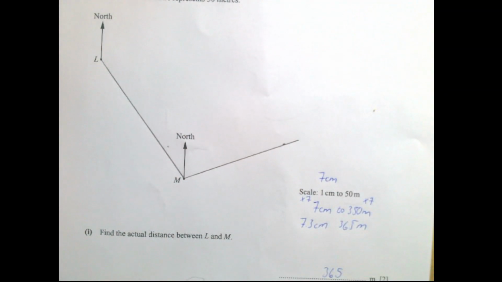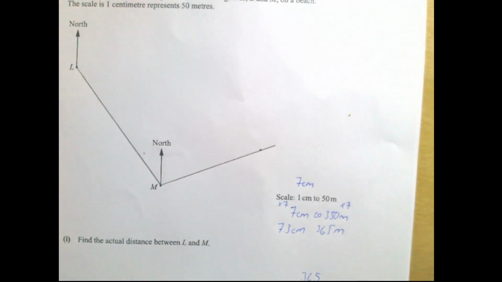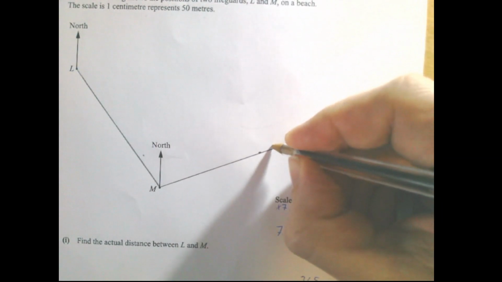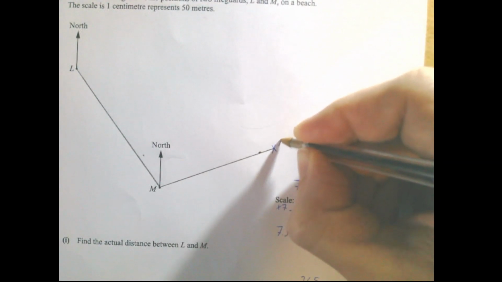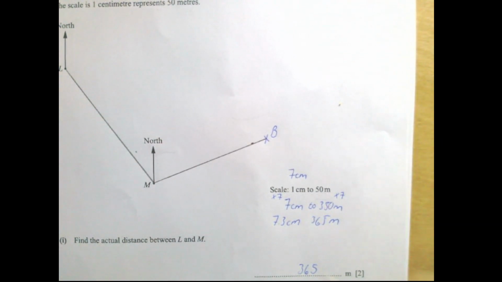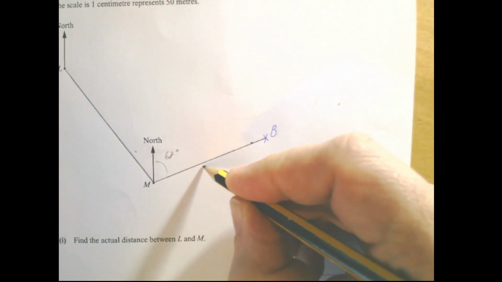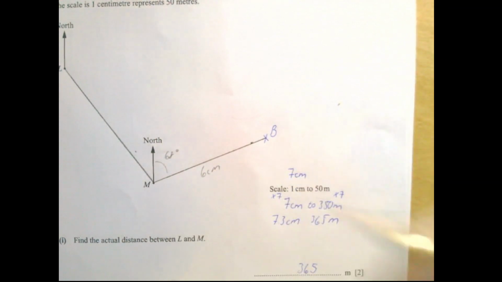Mark the position of B, it says. So there, that is B. You can draw a little cross to make it clear, and you label it B. Right, so to get full marks here, you need to have this angle 68 degrees, and you have to have the length of that line exactly 6 centimeters.